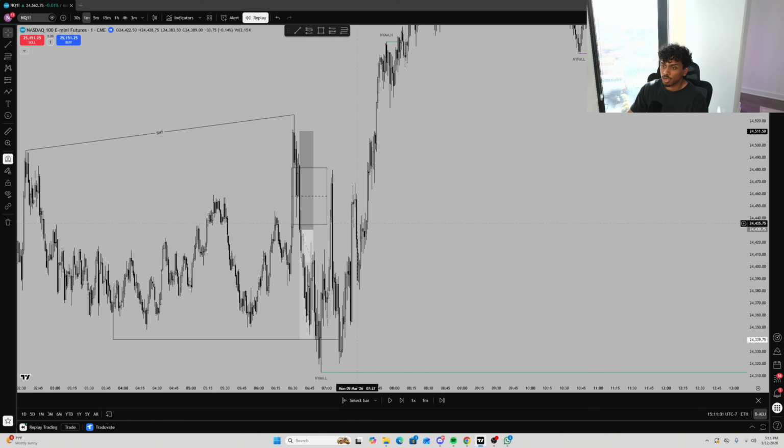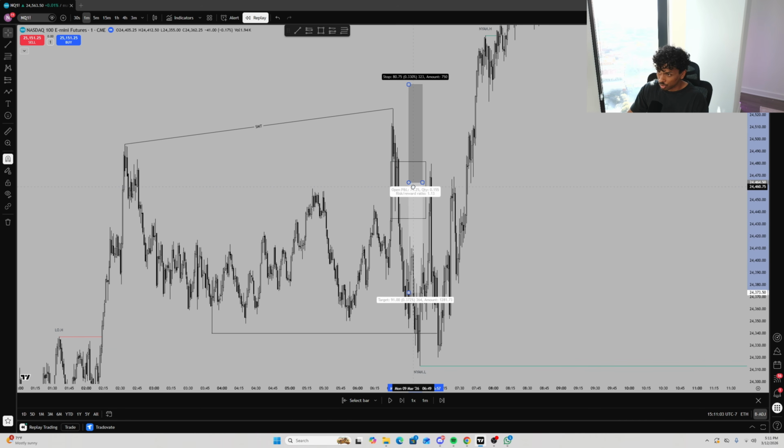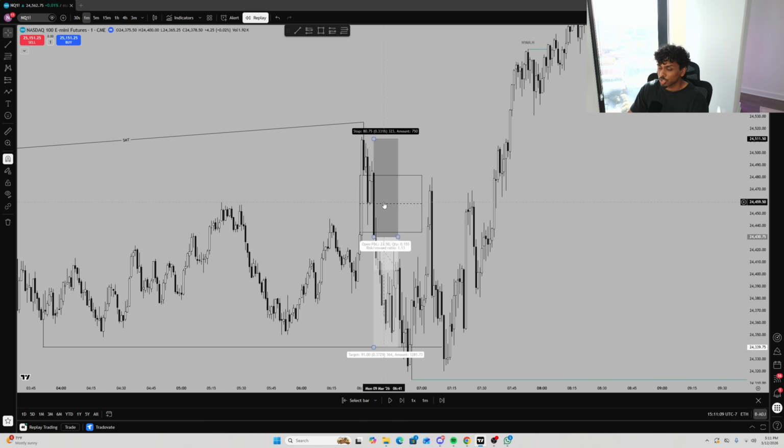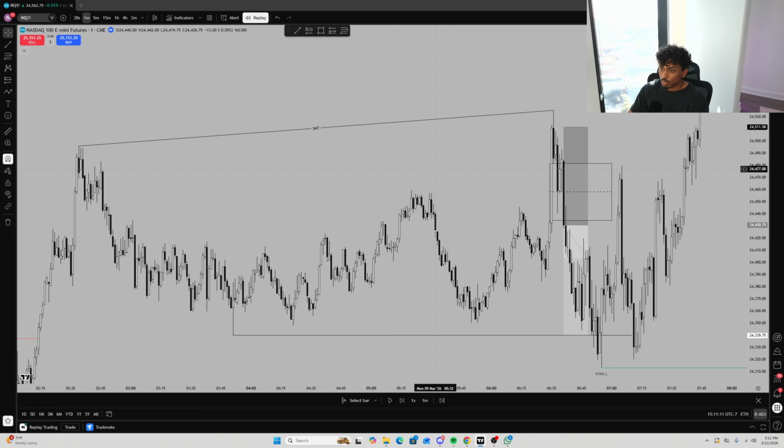If you entered mid candle, you were able to enter right here, which is also nice to get. If you're able to get mid candle entries just by observing that price is already done with the accumulation and manipulation phases and in the distribution phase, then you get that nice little mid candle entry just based off of understanding that.